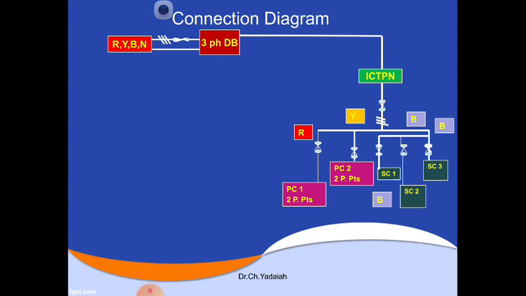This is to balance the 3-phase supply: R phase having the power circuits, Y phase having the power circuits, and B phase having the lighting load of 3 sub-circuits. Thereby, the load balance takes place in the ground floor.